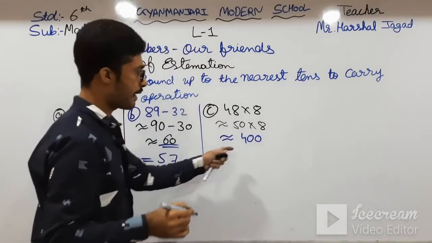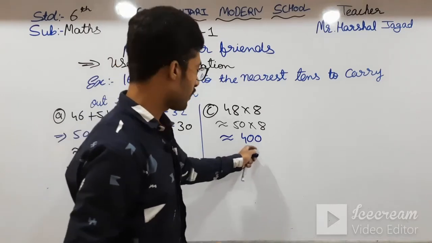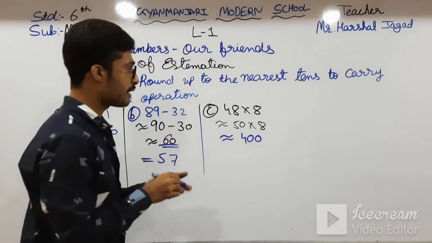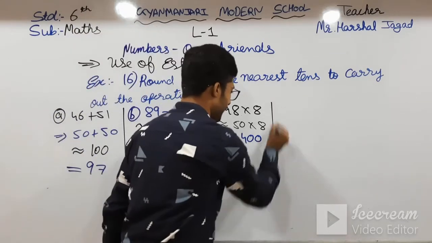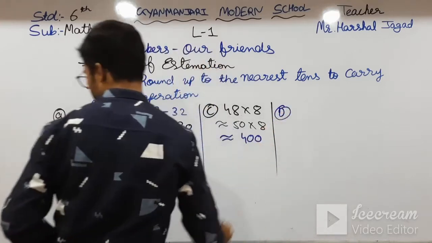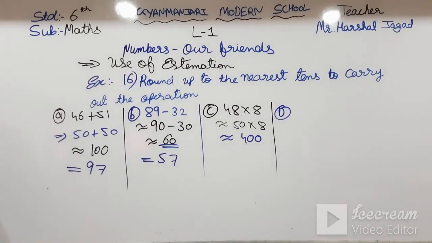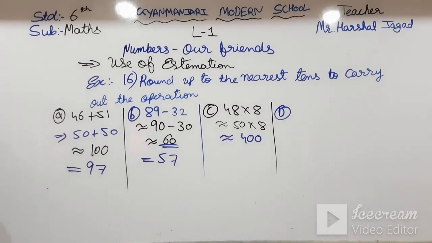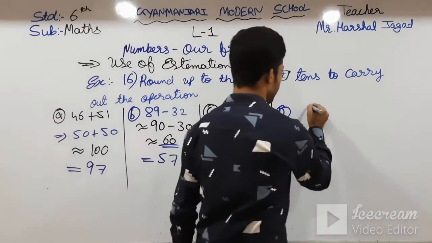The approximate answer will be 400. But what is the actual answer? You do it on your own. Next is D. D is 89 divided by 5. What will you do?